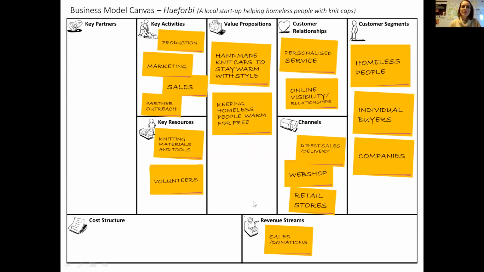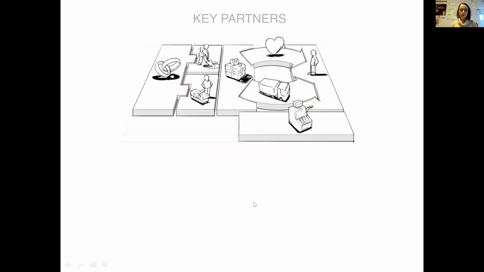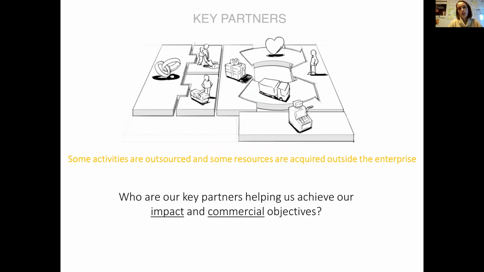So, key partners describes a network of suppliers and partners, external people that help make this business model work. So, thinking about our case, who are our key partners helping us achieve our impact and commercial objectives?